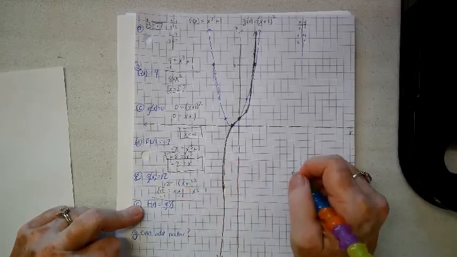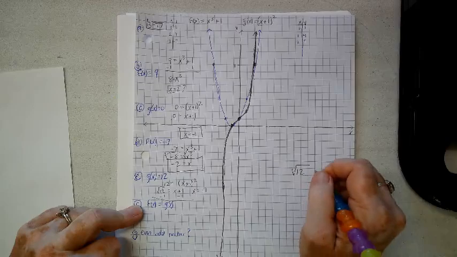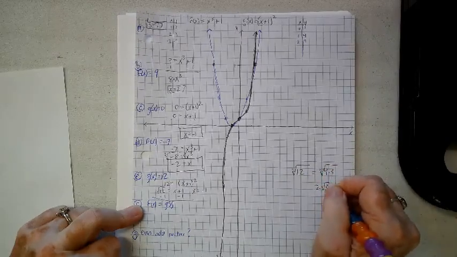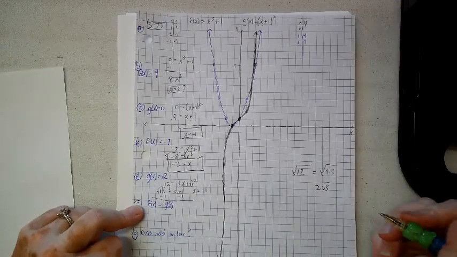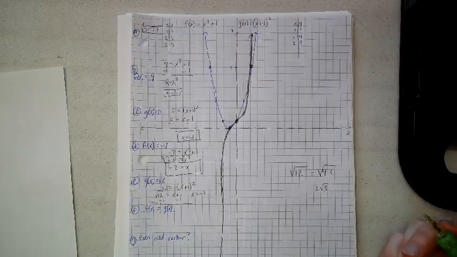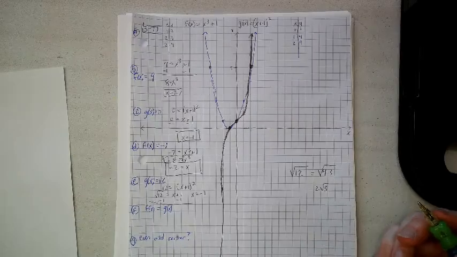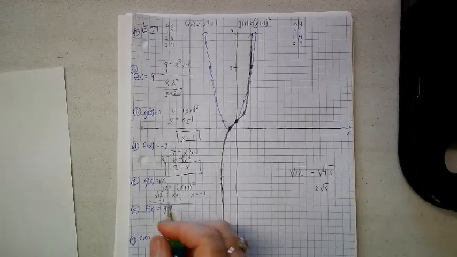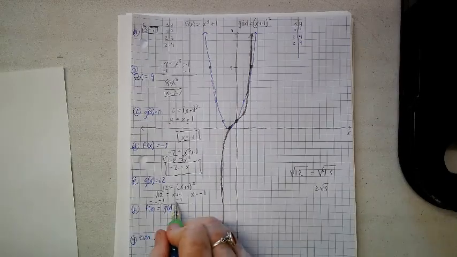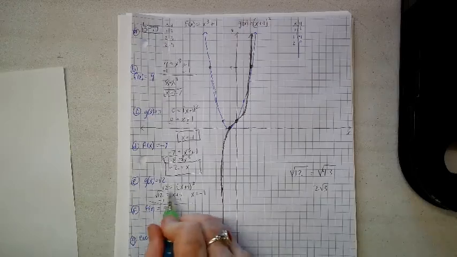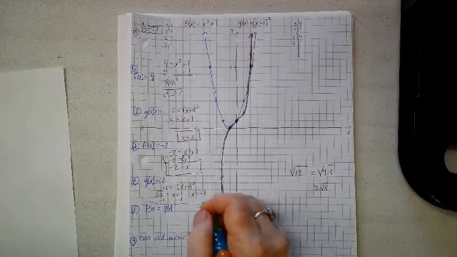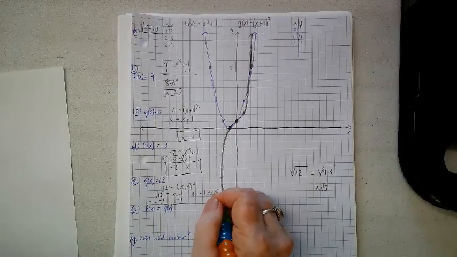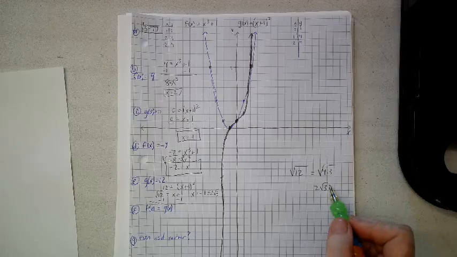Let's do that over here. That's like 4 times 3, so that's 2 root 3. I kind of ran out of room right here. I'm going to get negative 1 plus or minus 2 root 3. And I did my scratch work over here.